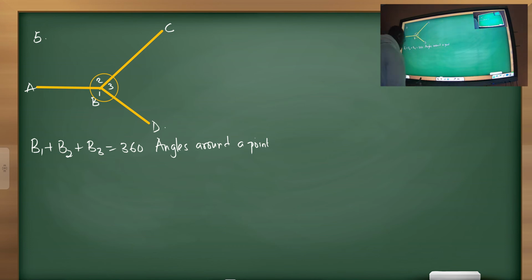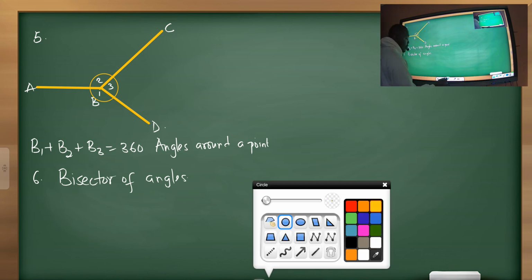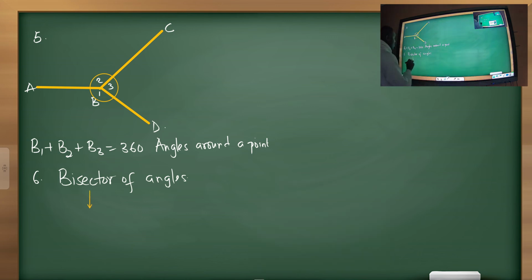And then we look at number 6, a bisector of angles. And when we say bisect, the word bisect means to divide into two.